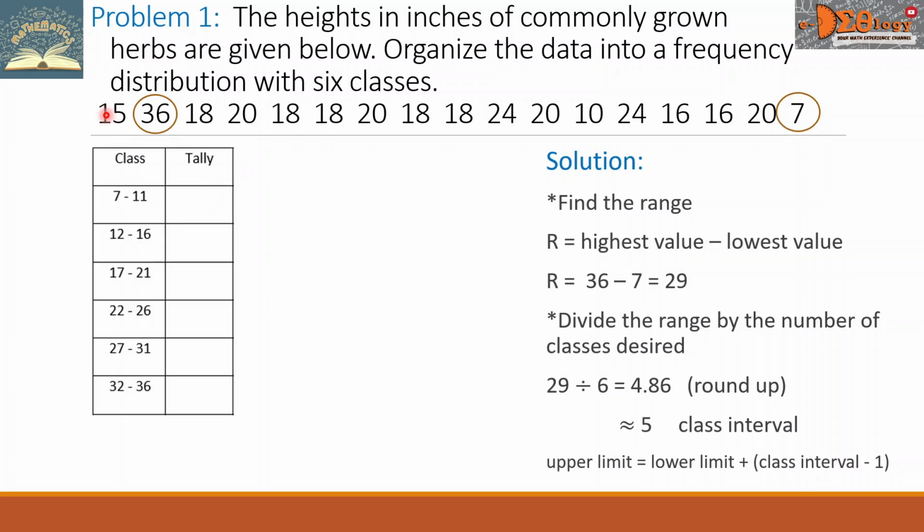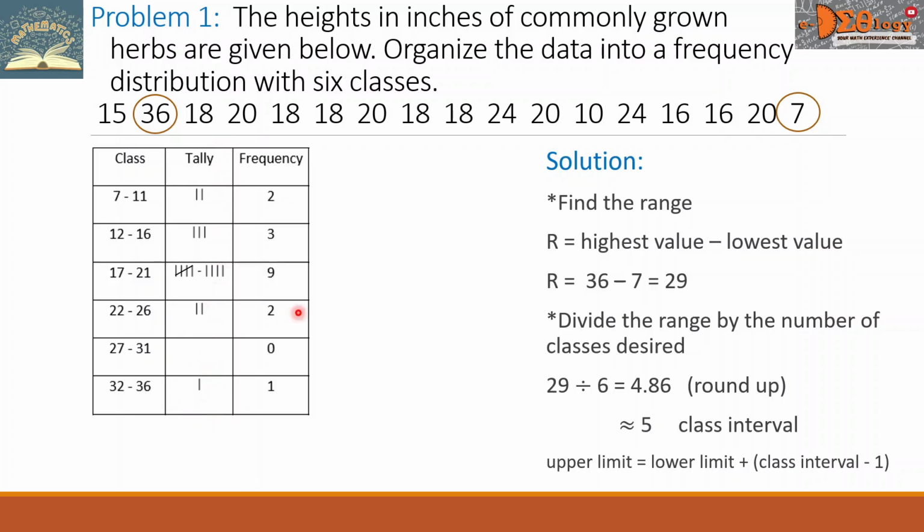Next column, we put the tally. For each of the raw data, we put them in their respective classes. Let's begin with 15. We put one tally here. Then 36 belongs in this class. So finally, all tallies are here. Then the frequency. Simply we count the tallies per class.